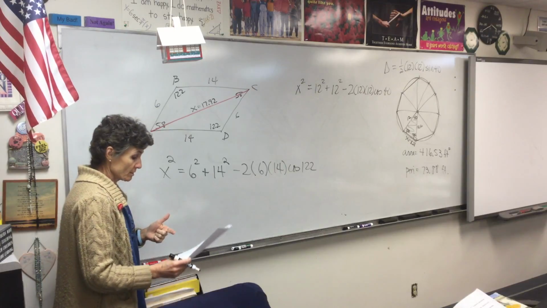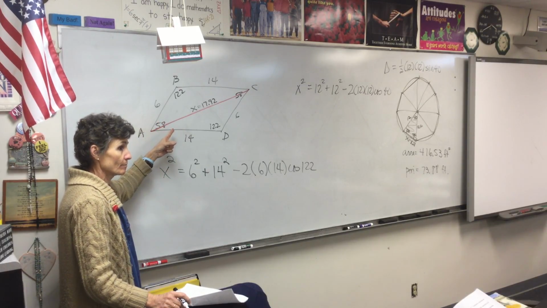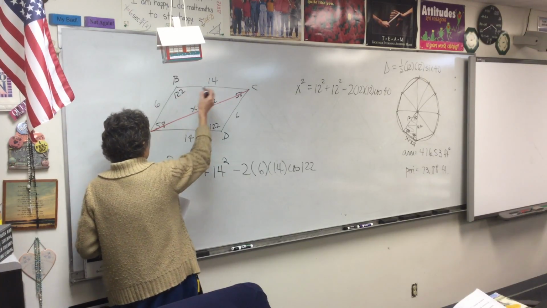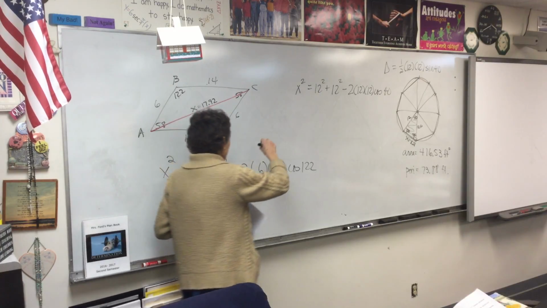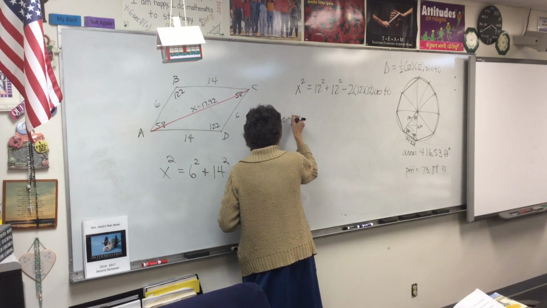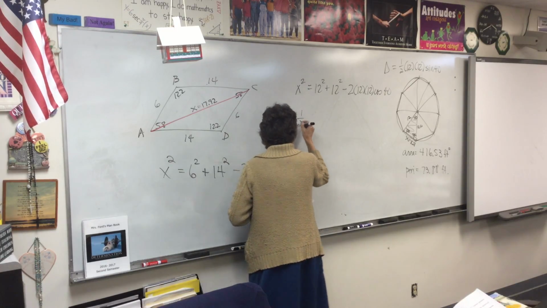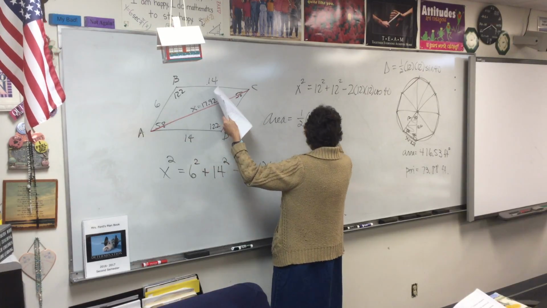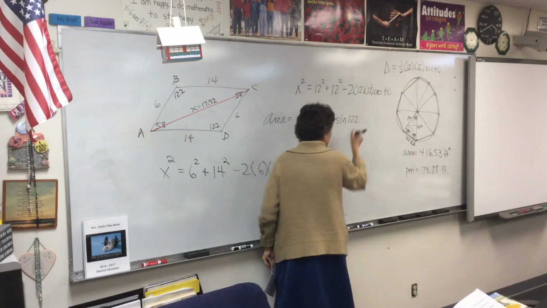The next question says, find the area of that guy. Well, in the given, we had 6, 14, and 122, right? So the best way of finding the area is to use which of our little formulas? 1/2 side times side times sine of included angle.